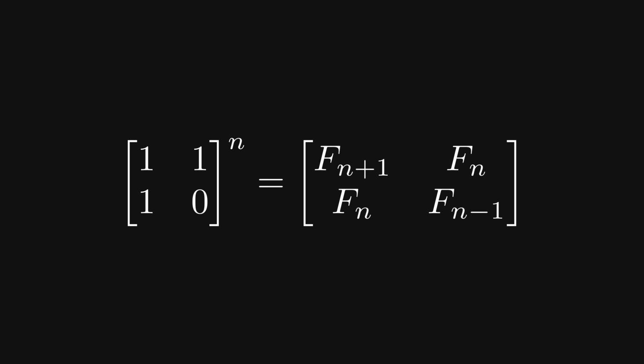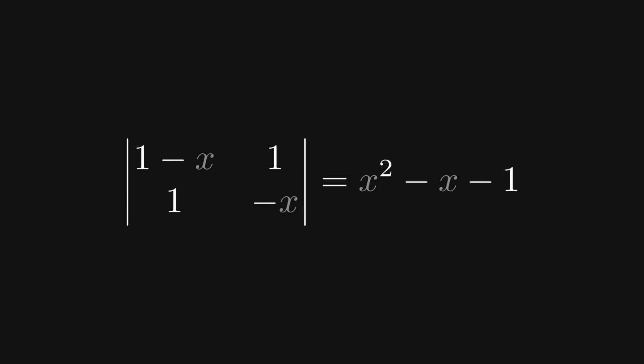Let's get to work. To compute the eigenvalues of F, we have to solve a quadratic equation given by the determinant of F minus x times the identity matrix. This determinant is given by x squared minus x minus 1.